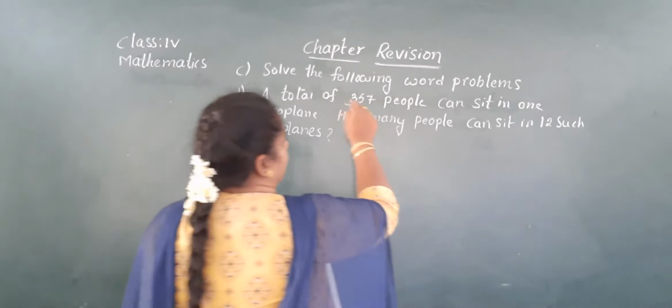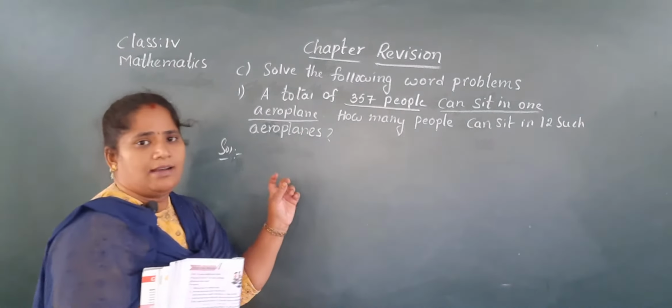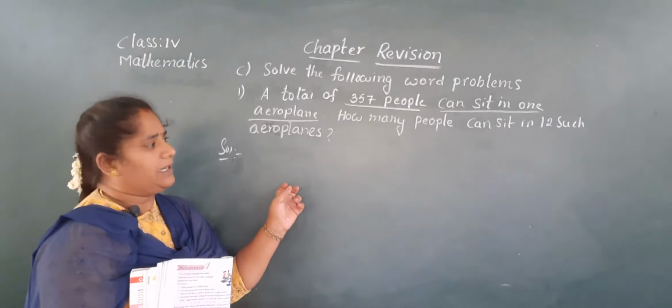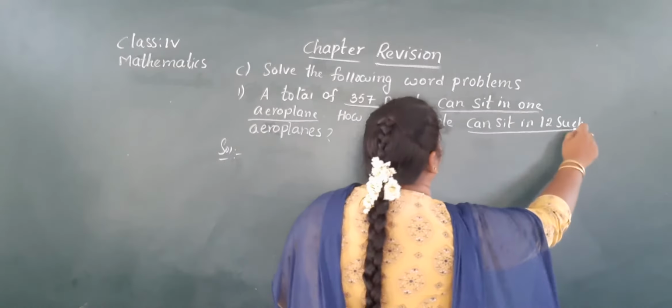How many people can sit in 12 such aeroplanes? A total of 357 people can sit in one aeroplane. Underline this one in your classwork. And how many people can sit in 12 such aeroplanes?